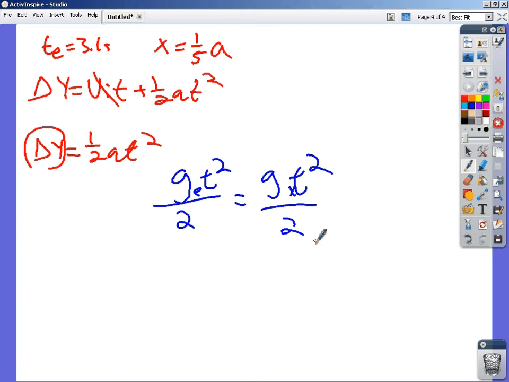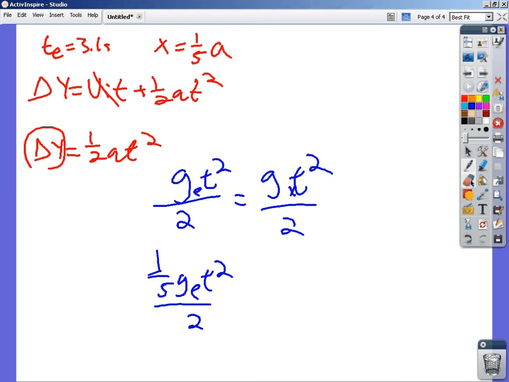Since we said it's 1/5 the acceleration, on this side we can change it to 1/5 the acceleration on Earth, t squared over 2. Sorry, I'm confusing you because I'm plugging this in on the wrong side.